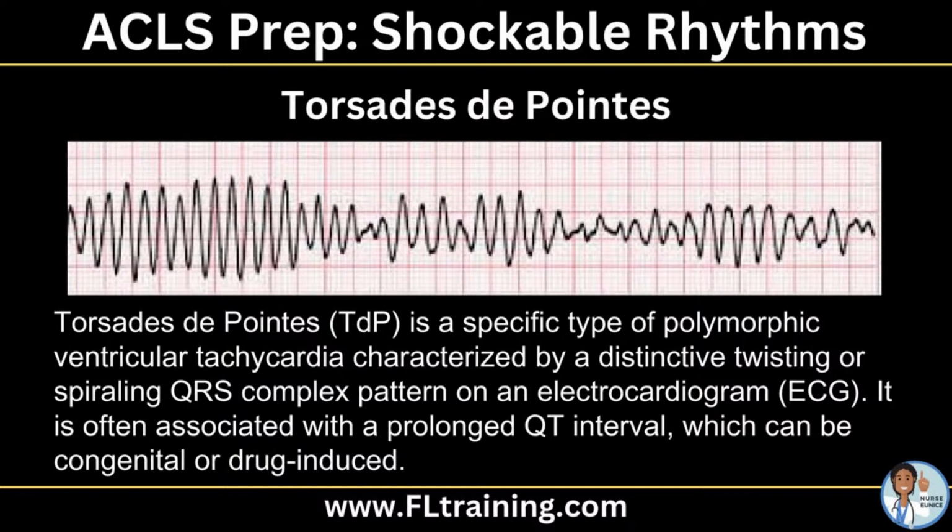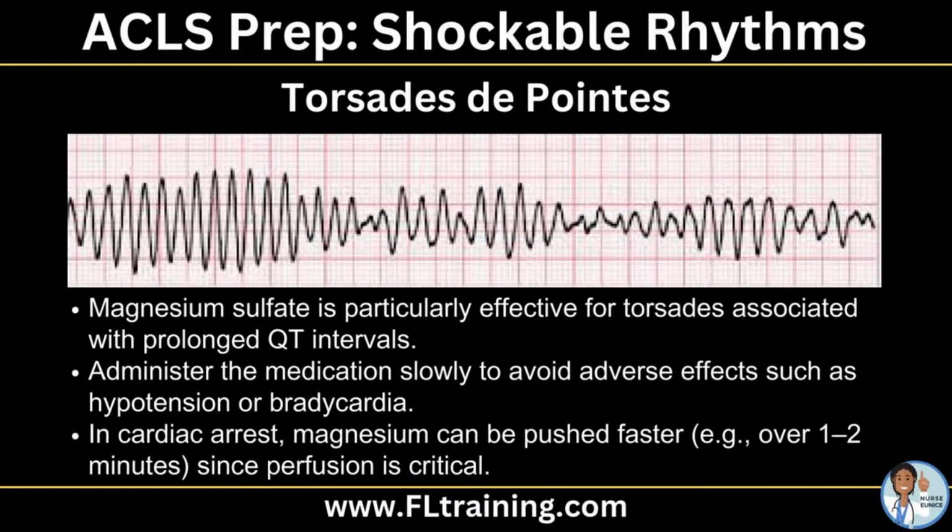But if you see this wide and bizarre QRS complex that is twisting, you're going to have to also include magnesium sulfate in your cardiac arrest algorithm. And that's one of the first statements I have there, that magnesium sulfate is particularly effective for Torsades associated with prolonged QT intervals.